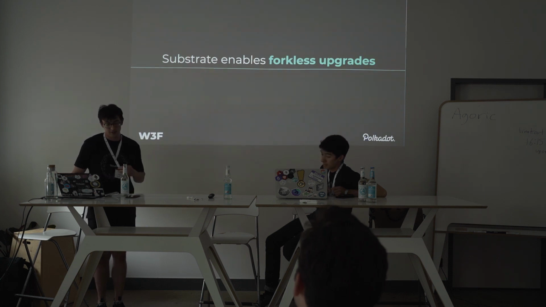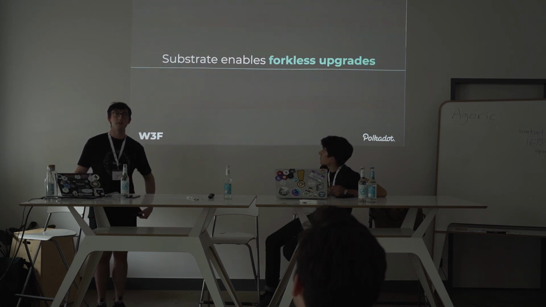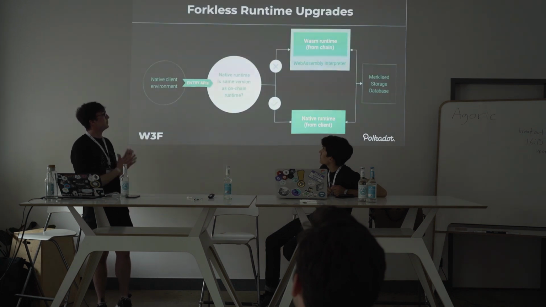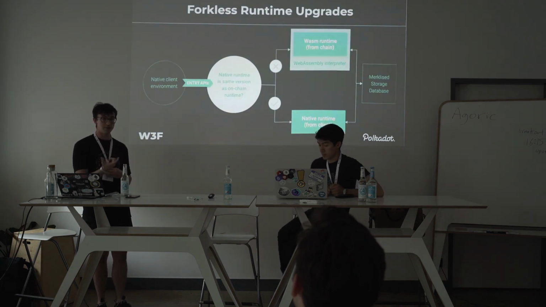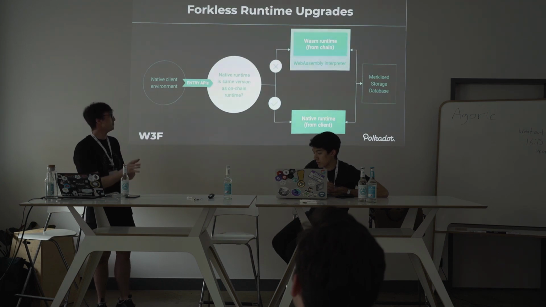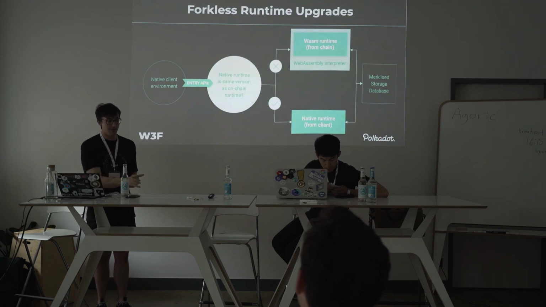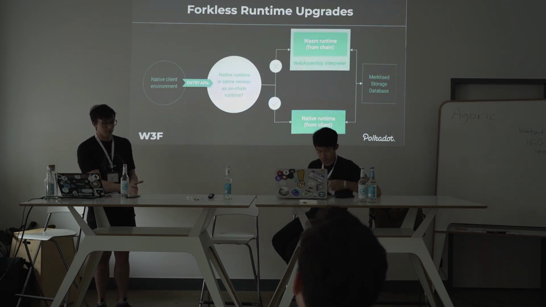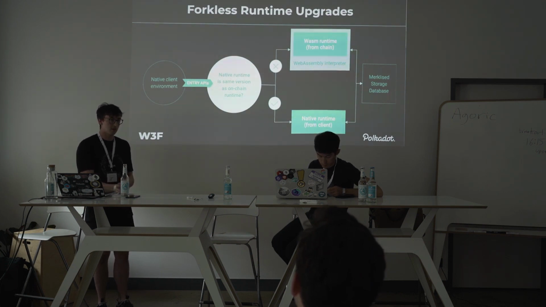One of the major features of Substrate is that it enables forkless upgrades. Since the state transition of the blockchain is this blob of WASM code that the runtime compiles down to, you can basically swap out that WASM blob from one block to the next and completely change the logic that your blockchain is executing.